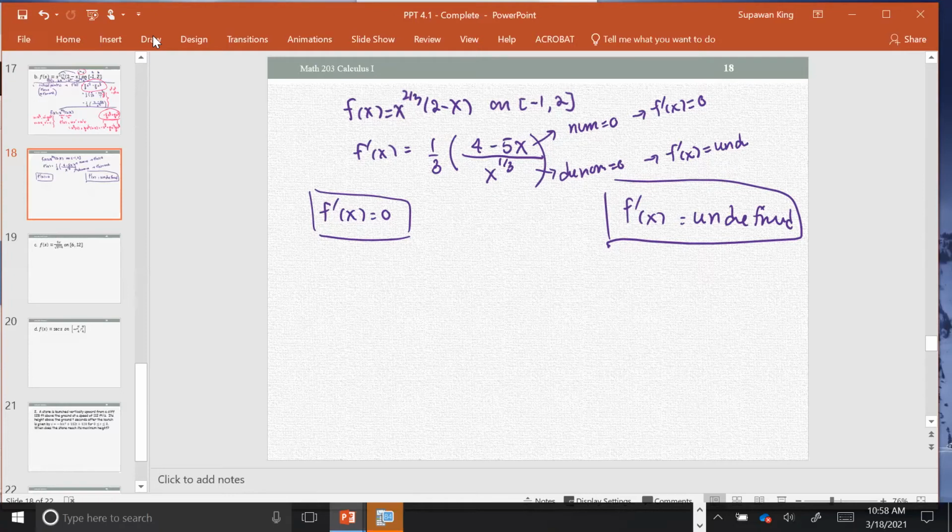For the derivative 0, we just take the numerator part of 4 minus 5x equals 0. And for the denominator, that's 4 minus 2. Just one second, please.